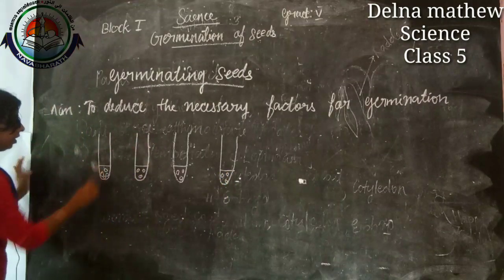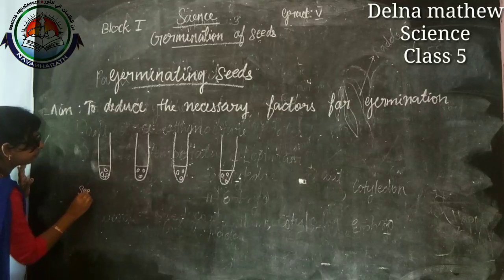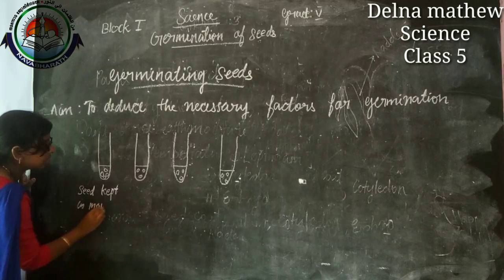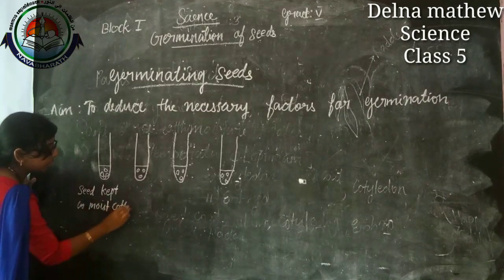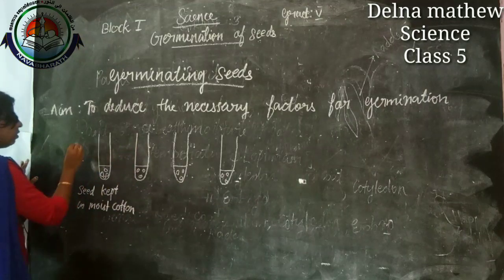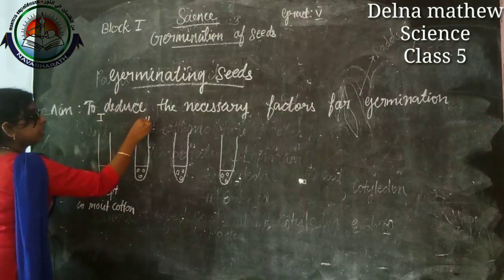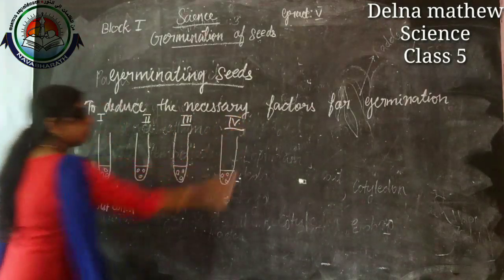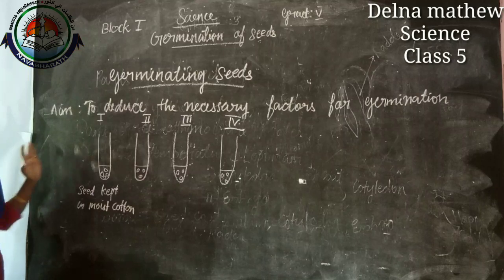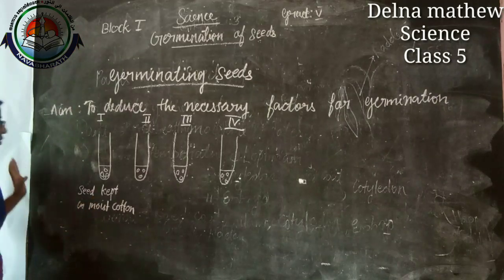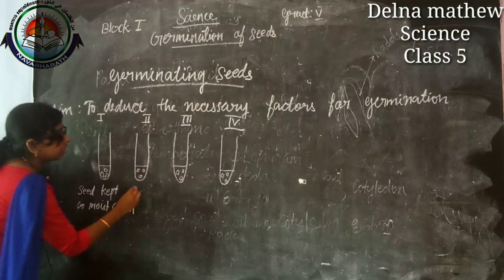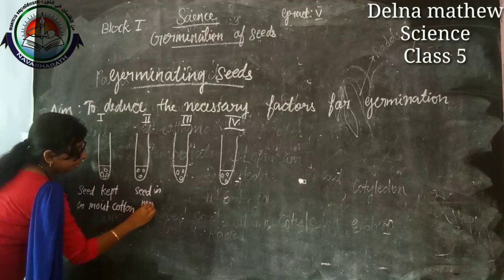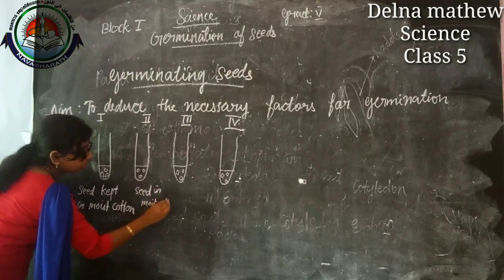Here the seed is kept in moist cotton. This is our first test tube, this one is the second test tube, this one is the third, and this one is our fourth test tube. The seed is kept in moist cotton, and the same here, moist cotton.